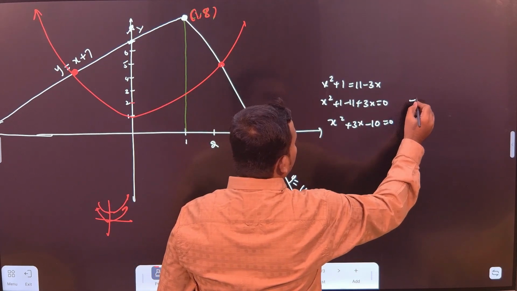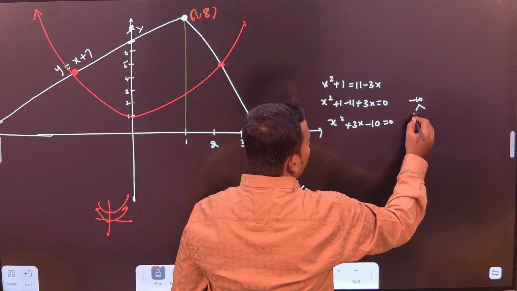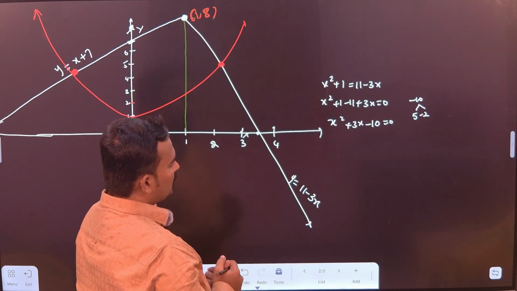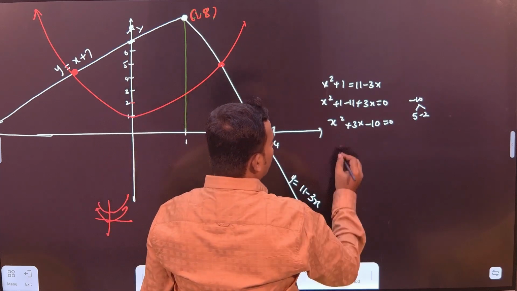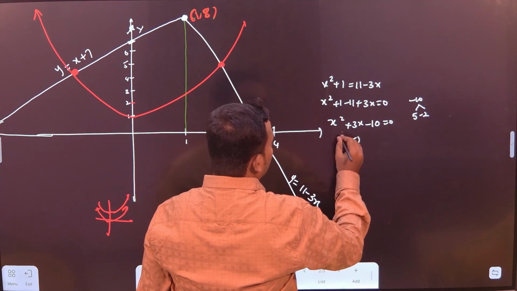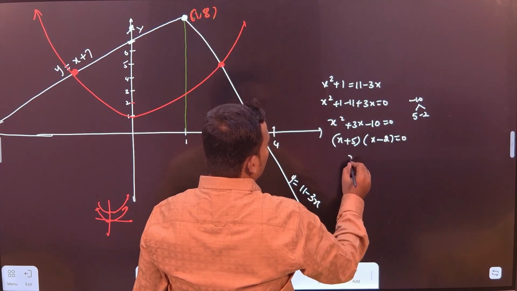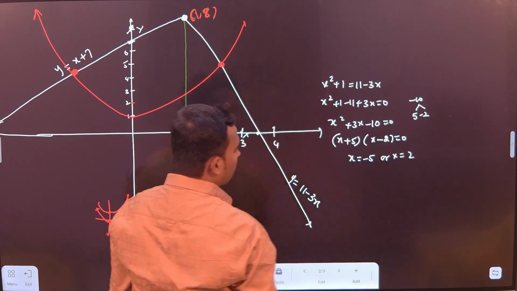The product is minus 10 and the sum is plus 3. So 5 into 2, you can write 5 and minus 2. So 5 into minus 2 is minus 10, 5 minus 2 will be plus 3. That means x plus 5 into x minus 2 equal to 0. That is x is equal to minus 5 or x is equal to 2, right?